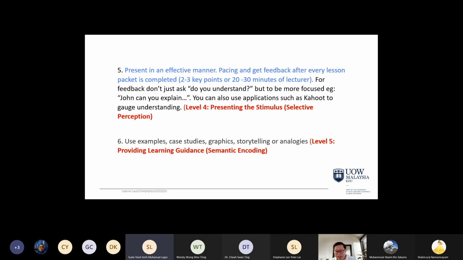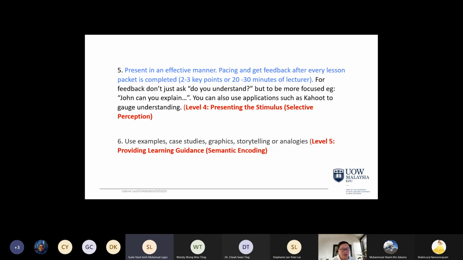If you say, John, can you explain? I just put that as an example. Other people won't think because they know Mr. Gabriel is asking John only, so I am Sally, I no need to think. But if you ask the question first, then pinpoint, everybody will pay attention and will think.